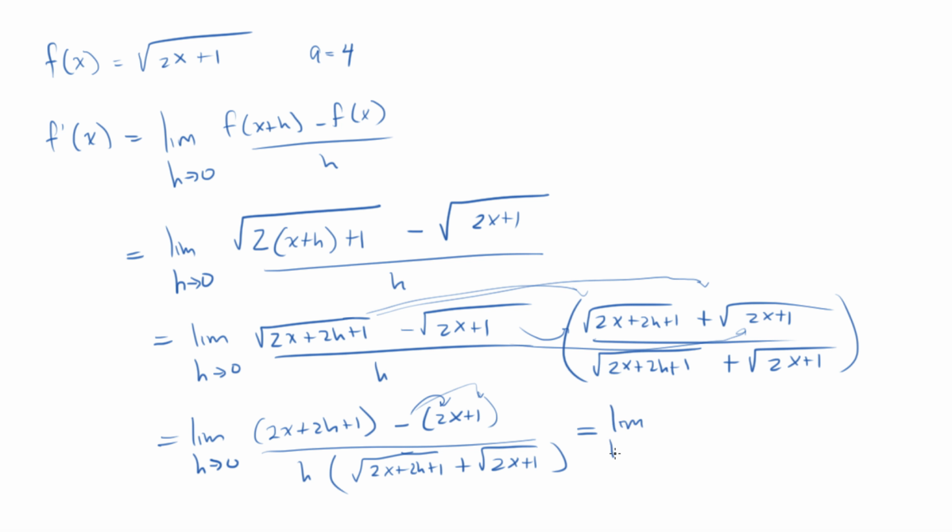So the limit when h approaches 0 of 2x plus 2h plus 1 minus 2x minus 1. And again, the bottom stays exactly the same. Nothing changes yet. Oh, that's not an h, that's a 1.